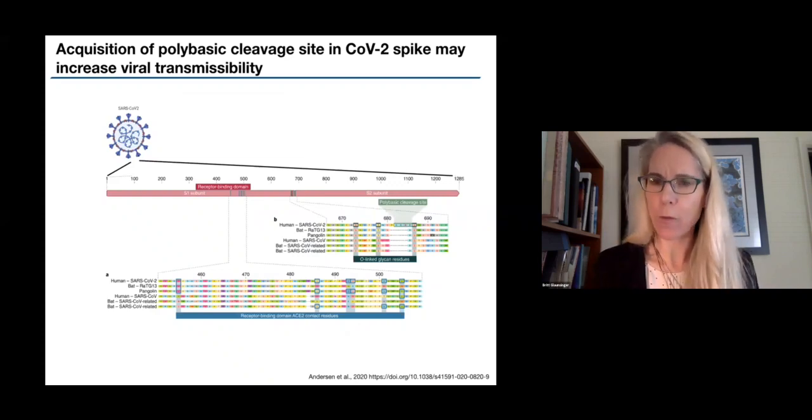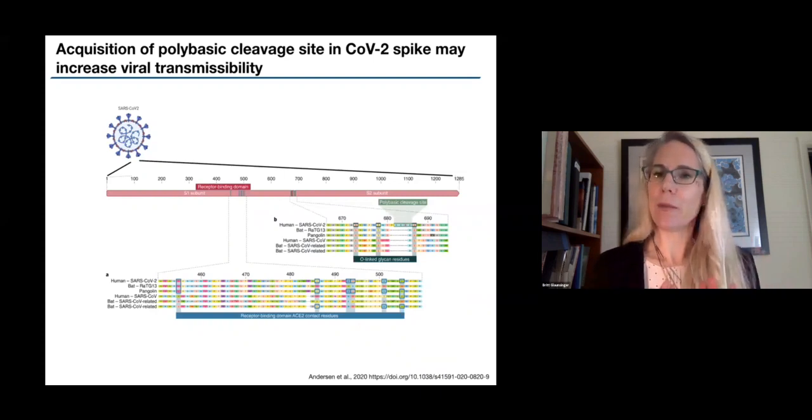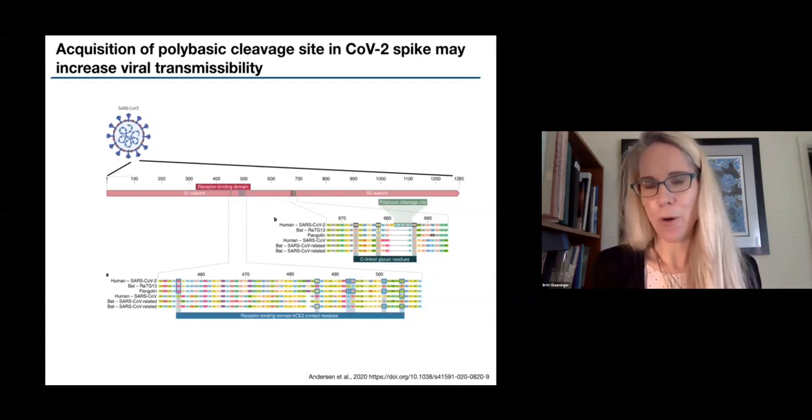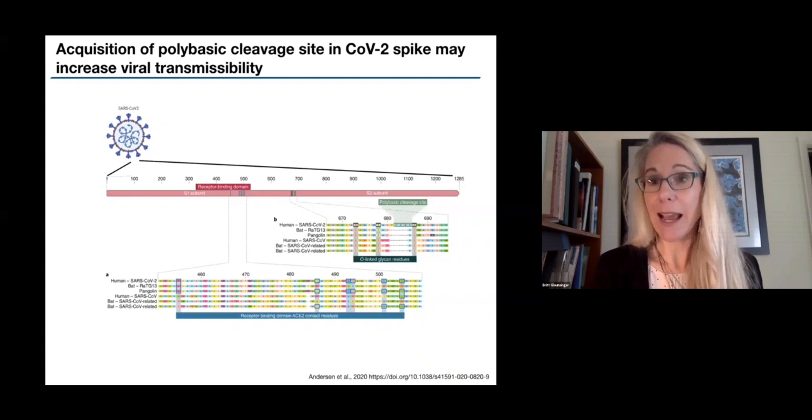We know for CoV-1, there are 6 different amino acids that are important for engagement with that ACE2 receptor. For CoV-2, 5 of those 6 are different than they are for SARS coronavirus 1. But yet it binds the ACE2 receptor with a similar affinity as the coronavirus 1 spike protein does. So it's found another, albeit equally efficient, way to engage the receptor.